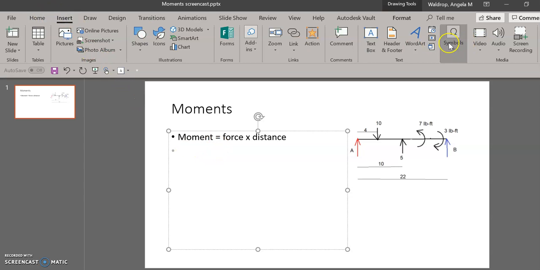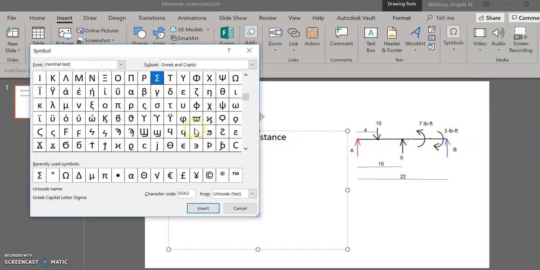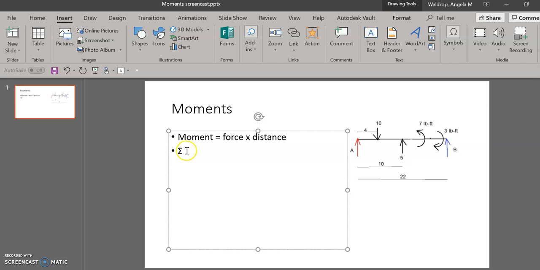I'm going to insert a symbol here, my sigma, because that's what I'm going to use to take my moments. And I'm going to use my M, because I'm taking the sum of the moments about A. I'll make sure that that's capitalized. And in order for equilibrium to occur, all of our moments, when we add them together, must equal 0. So that's a condition for equilibrium.